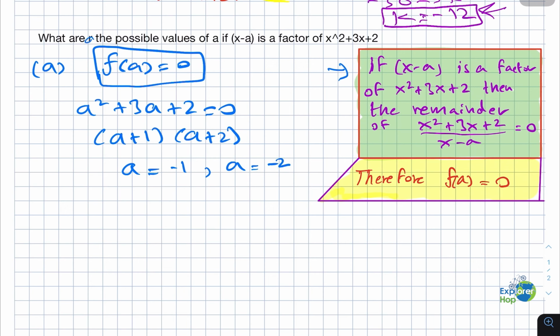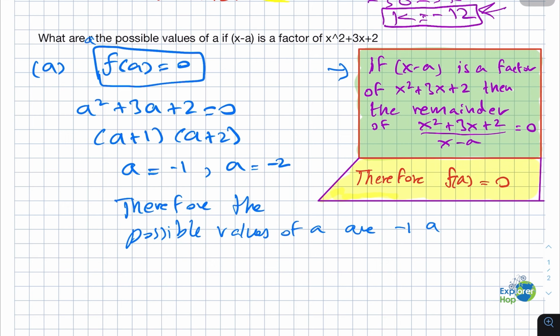Those are the possibilities of a. So therefore, the possible values of a are minus 1 and minus 2. And this is our answer.